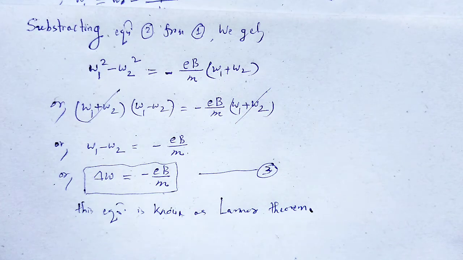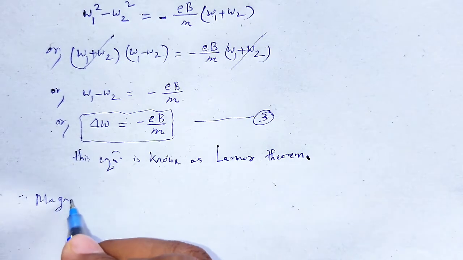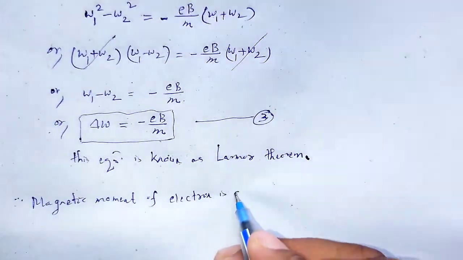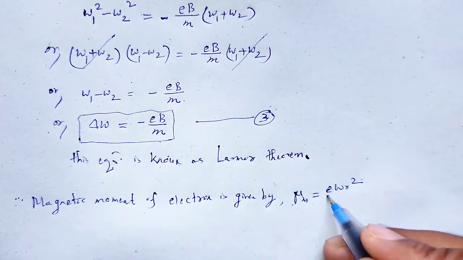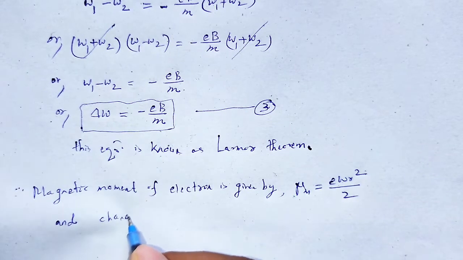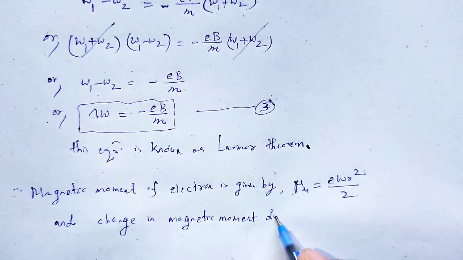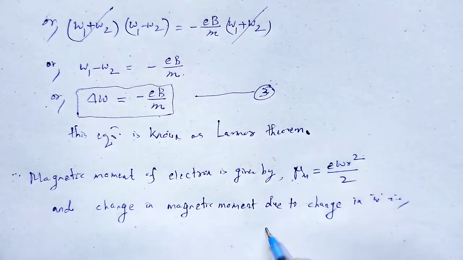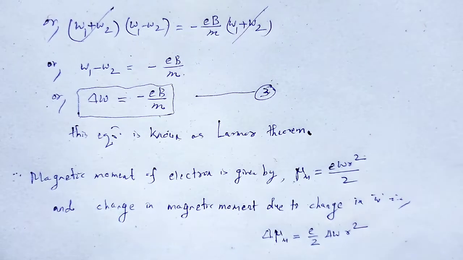But our task is to calculate the magnetic moment of the electron. Therefore, the magnetic moment of the electron is given by mu m is equal to e omega r square divided by 2, and the change in magnetic moment due to change in omega is delta mu m equal to e by 2 times delta omega times r square.